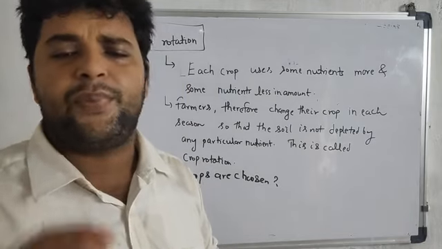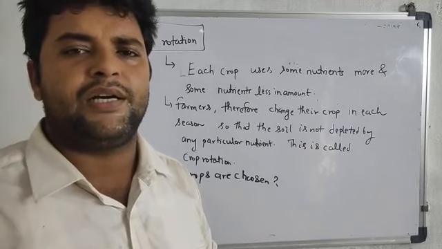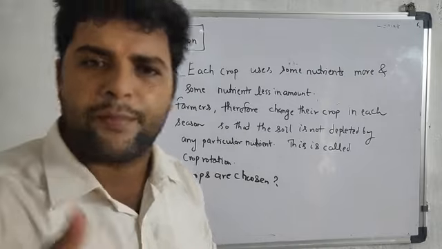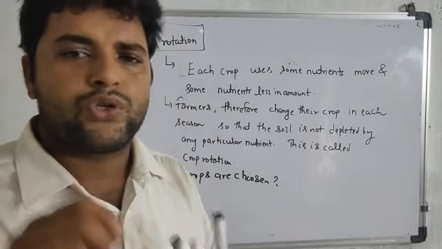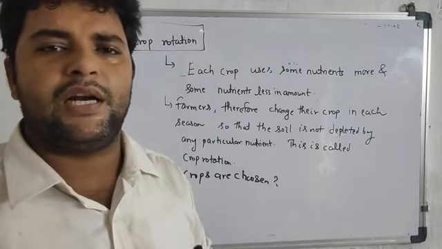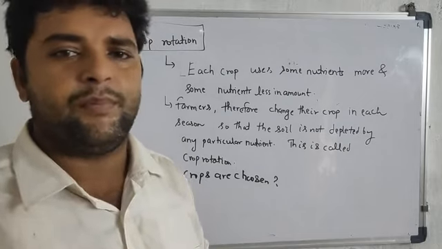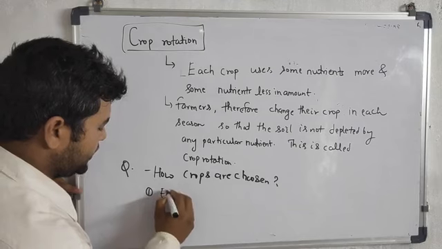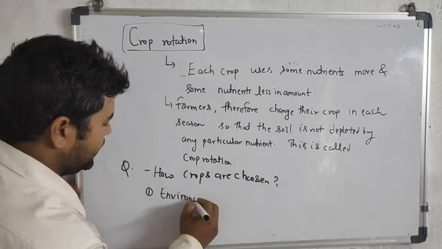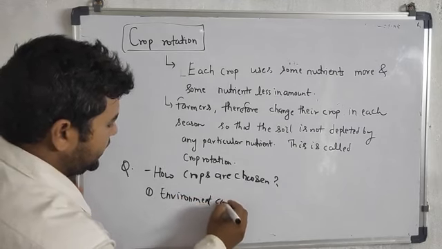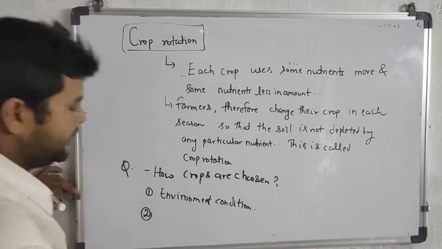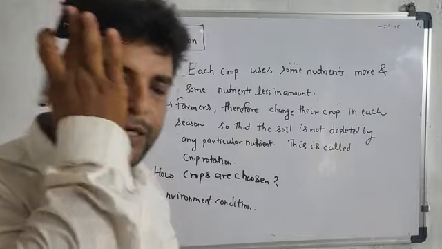This means the basic environmental conditions they require, for example rain, water, temperature, must be the same. So the environmental condition must be the same for that crop. So first we have to discuss the environmental condition. This means they must require the same environmental condition.